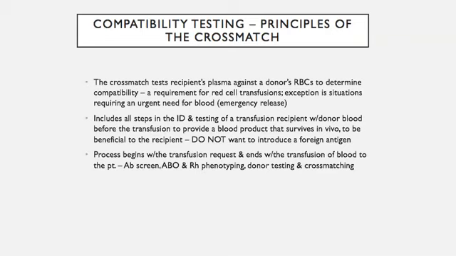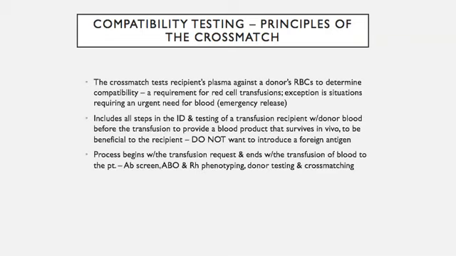So this compatibility cross-match process begins with the transfusion request. So the doctor enters an order for a transfusion. It ends with the transfusion of the blood to the patient. So that whole process includes an antibody screen, ABO and Rh phenotyping. So we have to determine the patient's blood type.